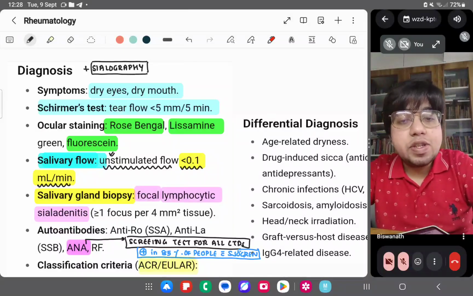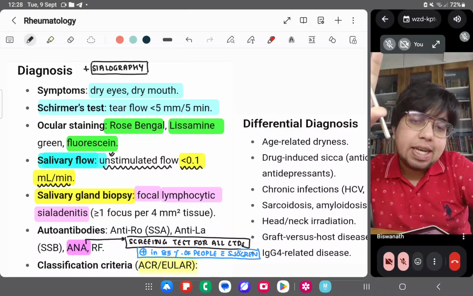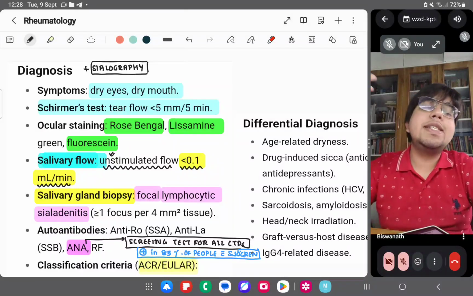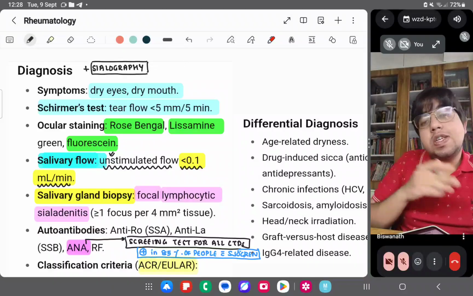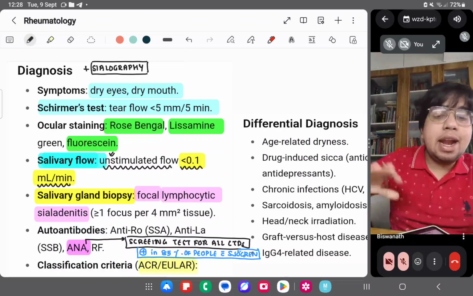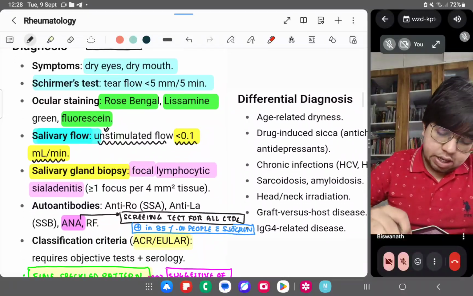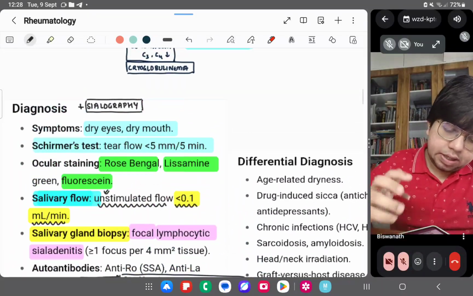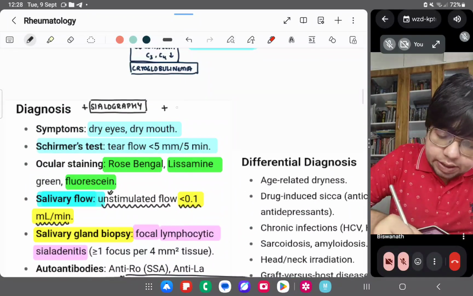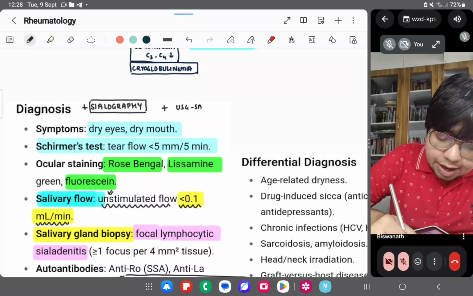You can do USG of salivary gland, and you will see there is a loss of homogeneity of the gland. The gland will look heterogeneous. So one thing is sialography, and the other thing is the USG of salivary gland.